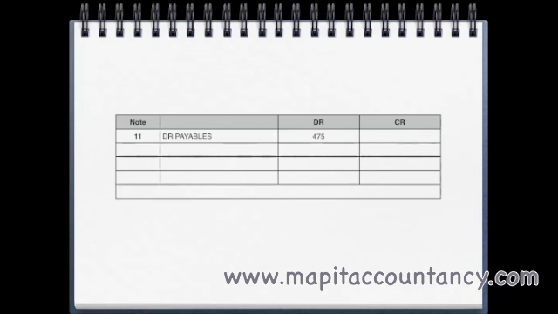So first of all, we'll debit the payable credit cash with 475 because he's actually paid for the goods, but he didn't pay 500, he only paid 475. The rest of it, well, that was a discount. So we'll debit the payable with 25 to remove the rest of it. And we credit our discounts received account. So we'll need to create a new ledger account for discounts received. So that's how we deal with the discount on the purchases.